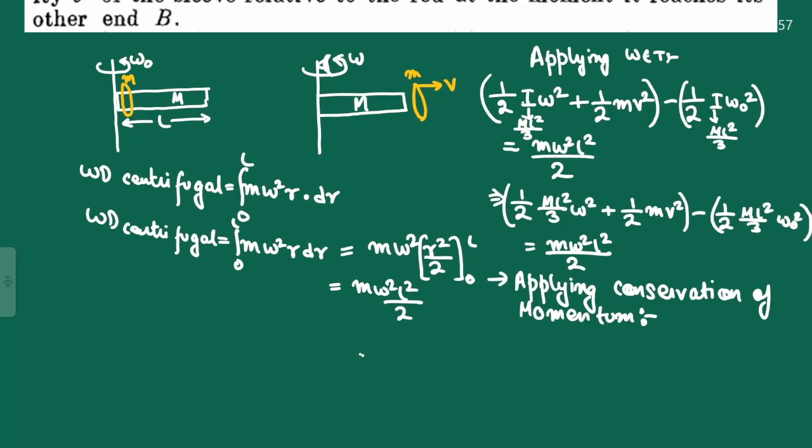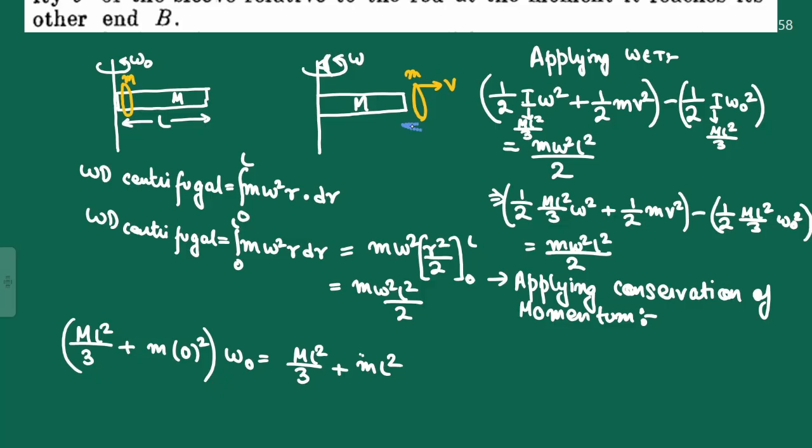Initial angular momentum is nothing but I omega naught, so M L square by 3 plus small m into 0 square, because the ring of mass m is situated at the axis, into omega naught, is equal to the final angular momentum, which is M L square by 3, the moment of inertia of the rod, plus m into L square, because now the sleeve is at the outer edge, into omega. Now if I plug in the value of omega in this equation, I'll get my answer.